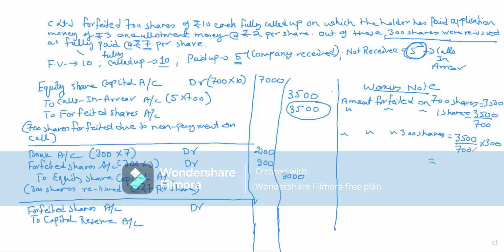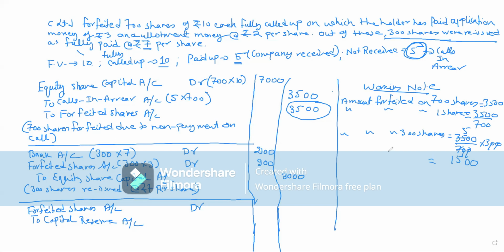So how much is it? Tell me. 7 5s are 35, so 1,500. This is the amount forfeited on 300 shares. That means for 700 shares it was 3,500, for 300 shares 1,500 is the amount forfeited.